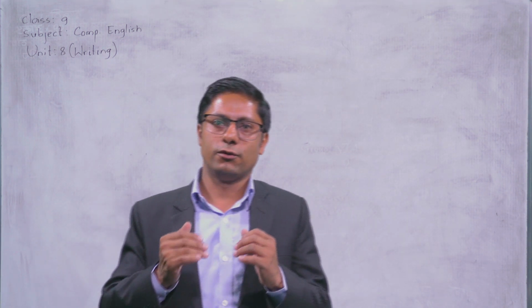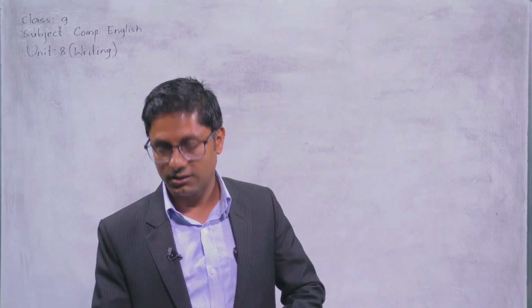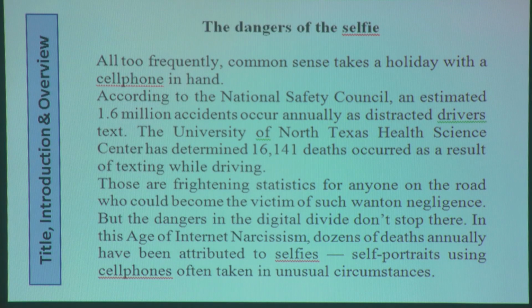Now I am going to present you a sample of this here. See on the screen. See, title, introduction, and overview. These three things are presented here: title, introduction, and overview. The Dangers of the Selfie is the title here.